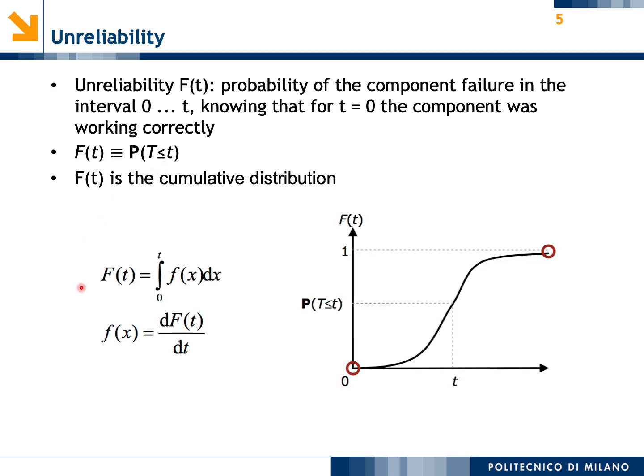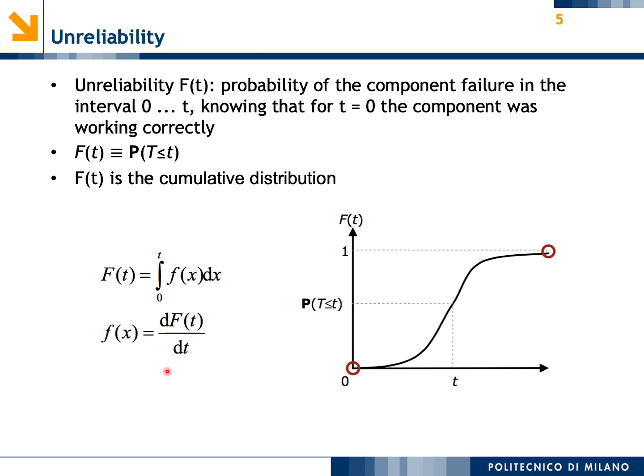Analytically, the unreliability is the integral between 0 and t of the probability density function f(x) dx. And we know that the probability density function can be derived from its cumulative function capital F by applying a derivative step.